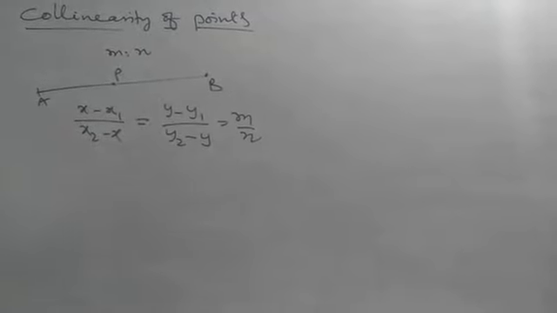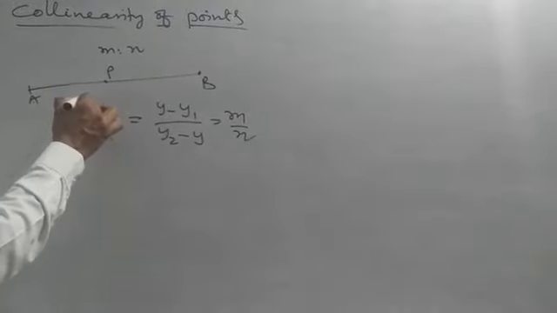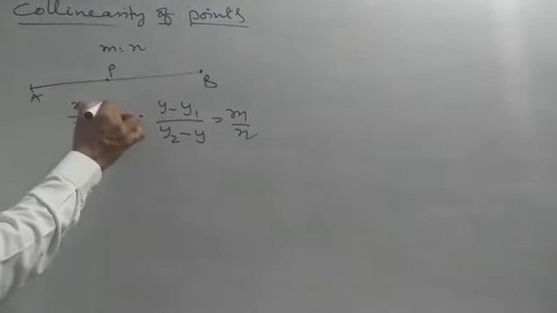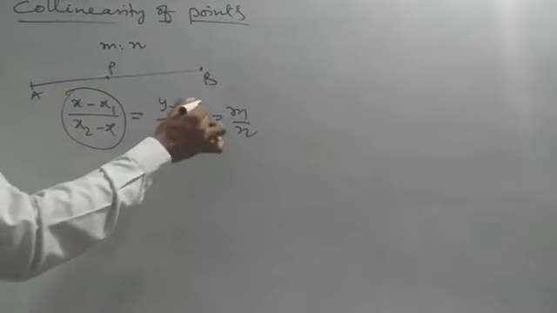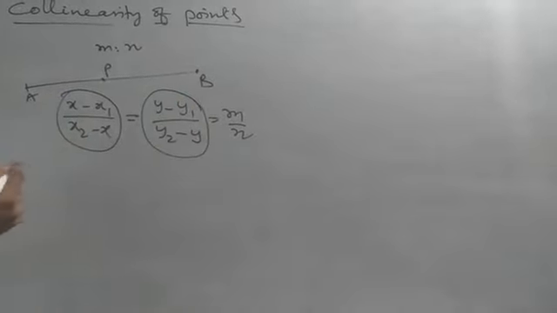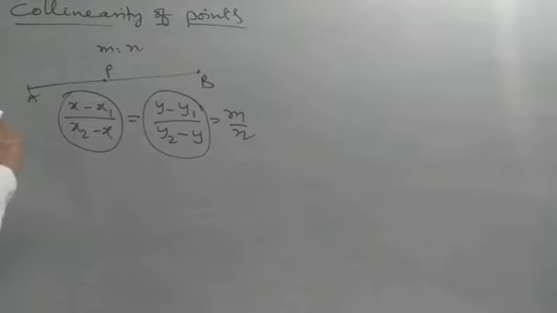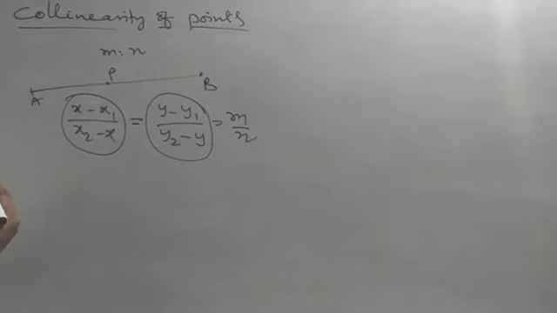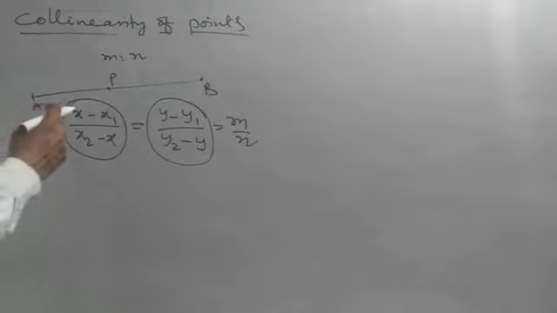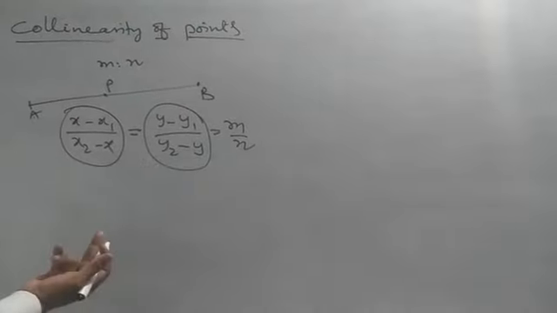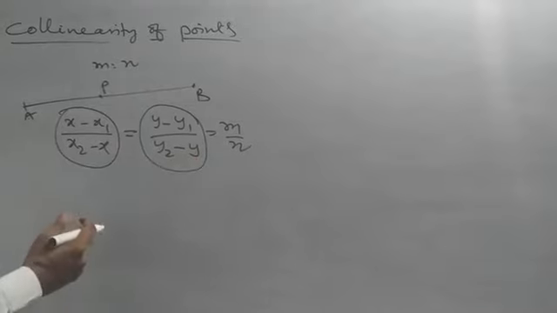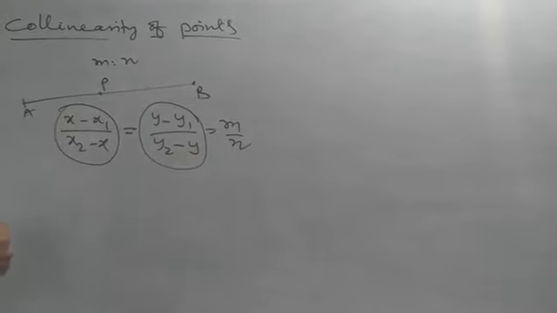So if we are able to show that this ratio is equal to this ratio, then we can say the 3 points are collinear. That is, if (x minus x1) by (x2 minus x) equals (y minus y1) by (y2 minus y), then we can say those 3 points are collinear.